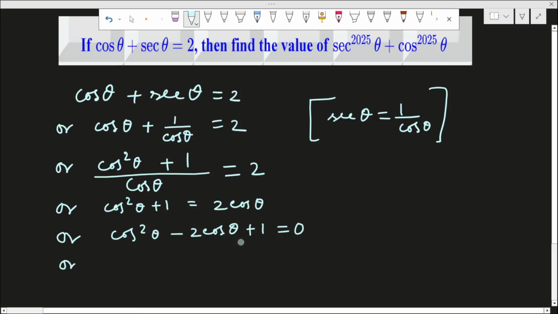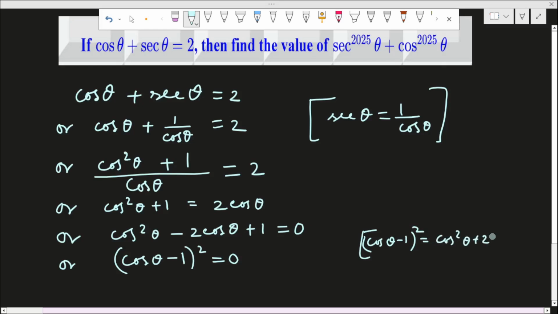Also observe this can be written as cos theta minus 1 whole square, or 1 minus cos theta whole square. As cos theta is on the extreme left, writing cos theta minus 1 whole square is equal to 0, because cos theta minus 1 whole square is equal to cos square theta minus 2 cos theta plus 1.